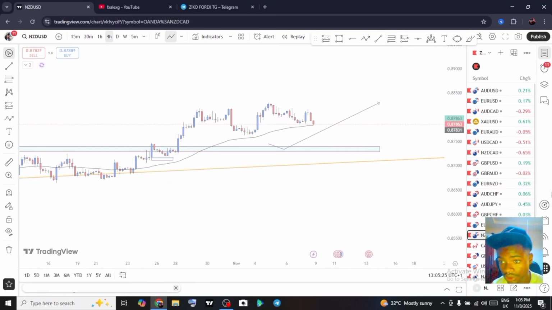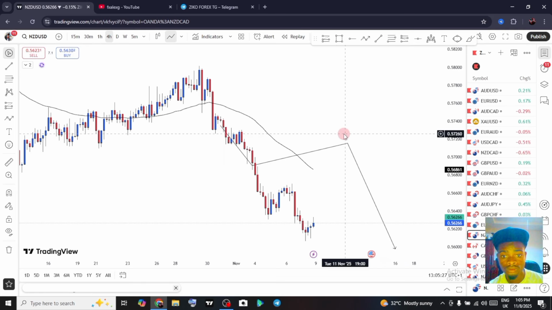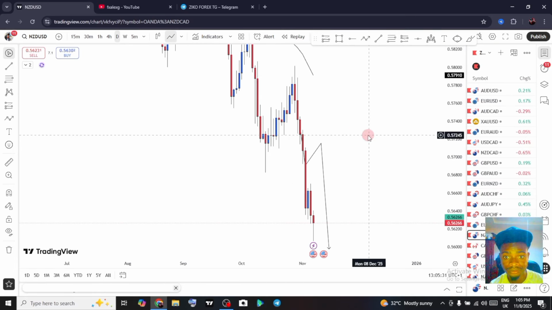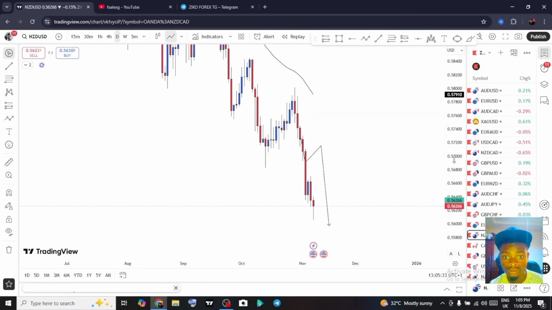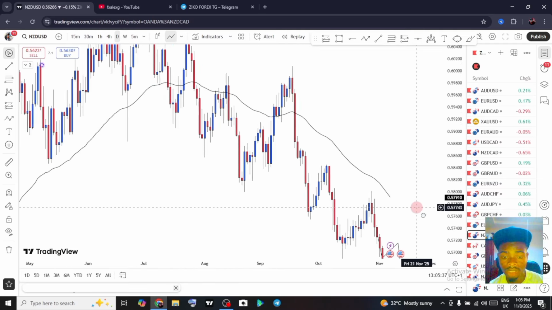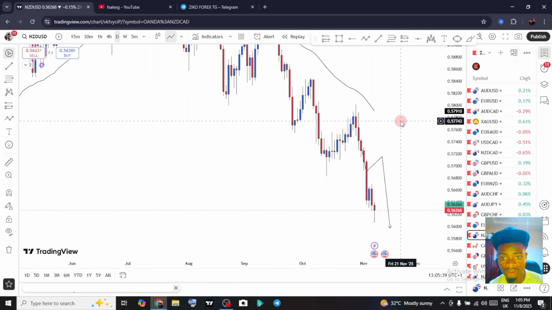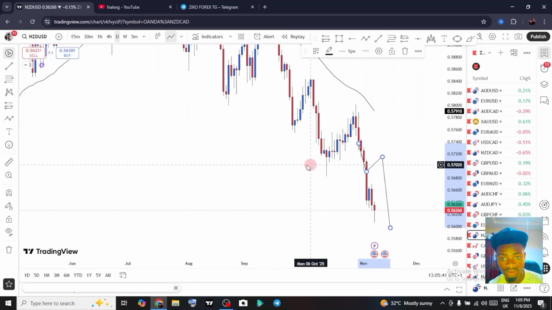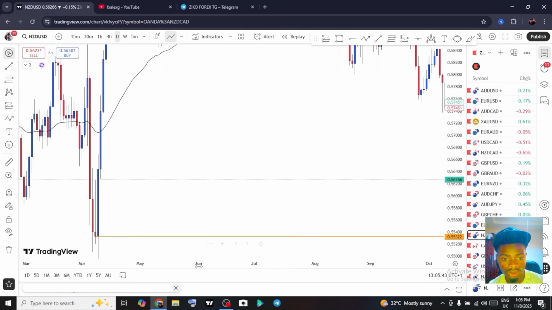Another pair, let's see, NZD/USD. All right, so daily time frame. I was expecting this market to sell. It sold, but apparently we didn't have any area of interest, so there's nothing to do.